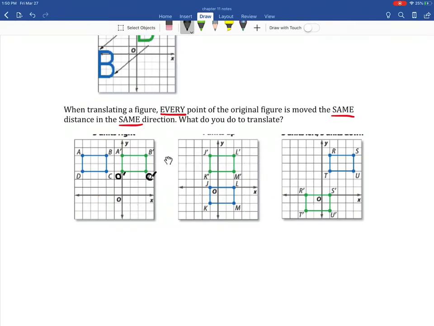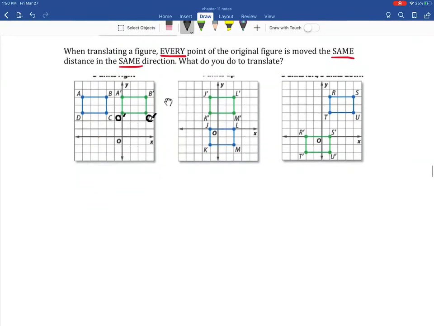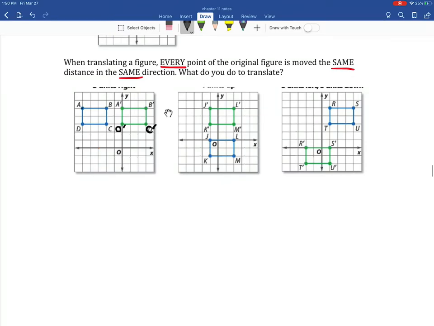When you see the primes next to the letters, that means that that's the new figure. So in this case, the blue is the original and the green is the image. So if we are moving every single point the same distance in the same direction, we really only have to look at one point and how it's moved to determine how the whole figure is moved.